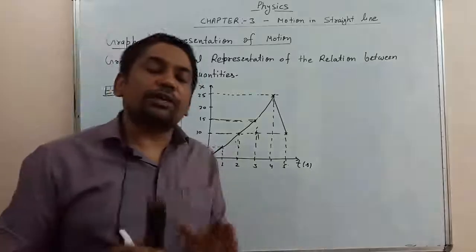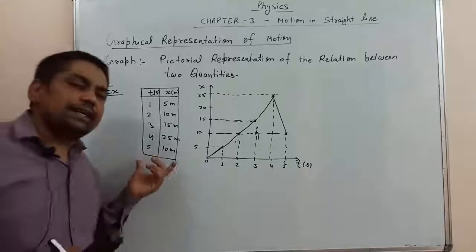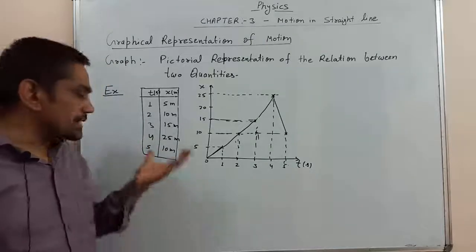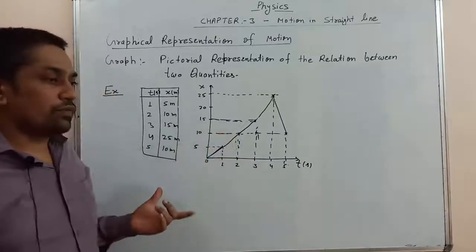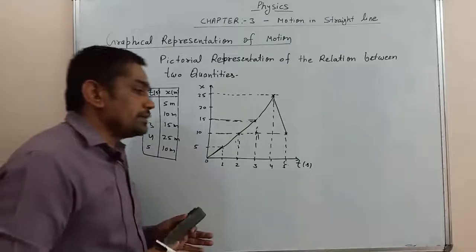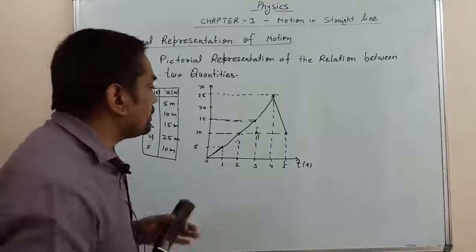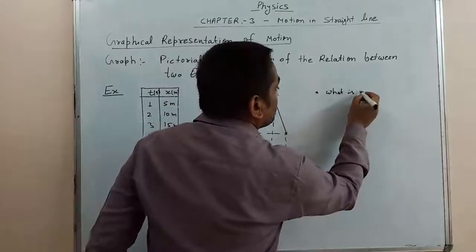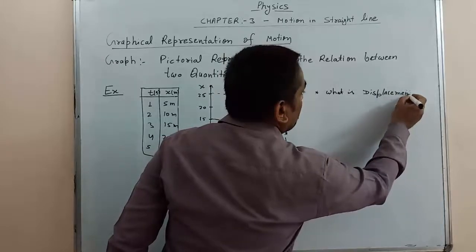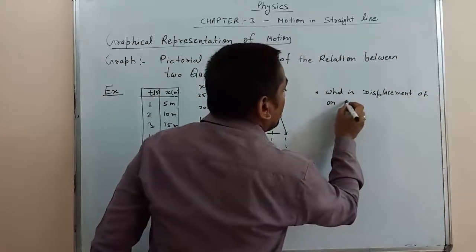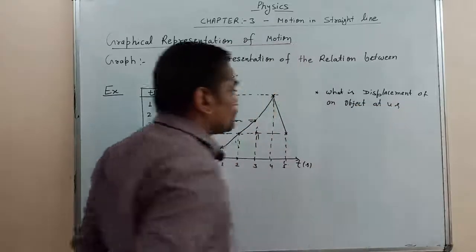So there are two types of questions from the topic of graphs. First, the data is given, the time and displacement in the form of a table, and the question is to draw a graph from this data. And in competitive exams, another type of question is asked where the graph is given, and the question asks what is the displacement of the object at 4 seconds.